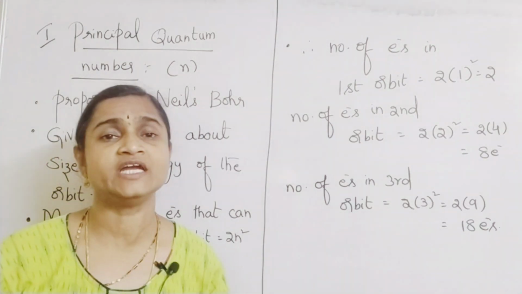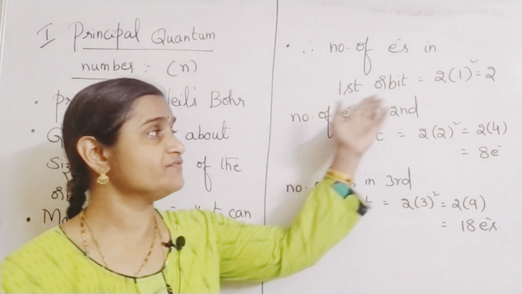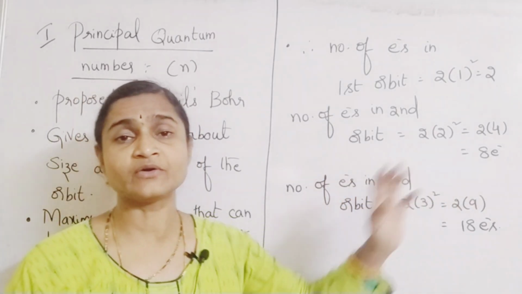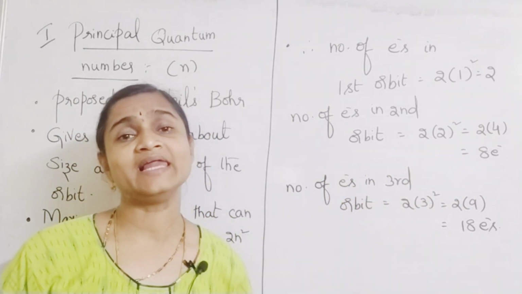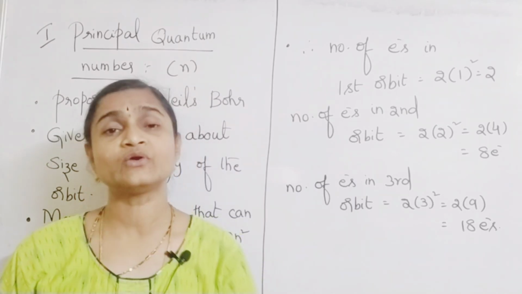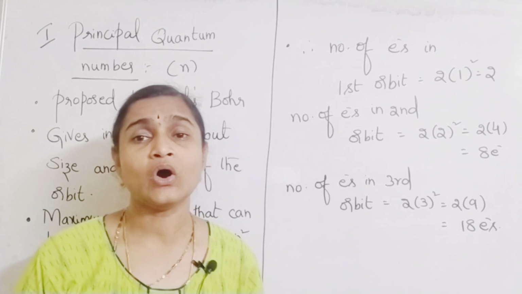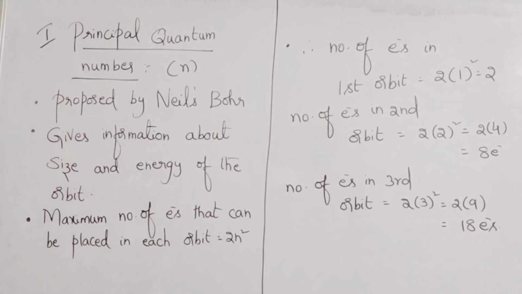This we also studied previously. In the first orbit it is 2 into 1 square, that is 2, the second orbit 8 electrons, the third orbit 18 electrons. Like that we can calculate the arrangement of electrons in various shells. He told only about orbits. So this is all about the principal quantum number.